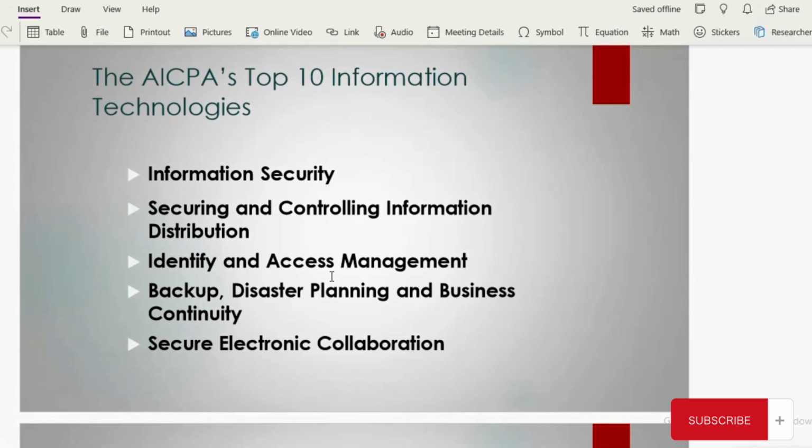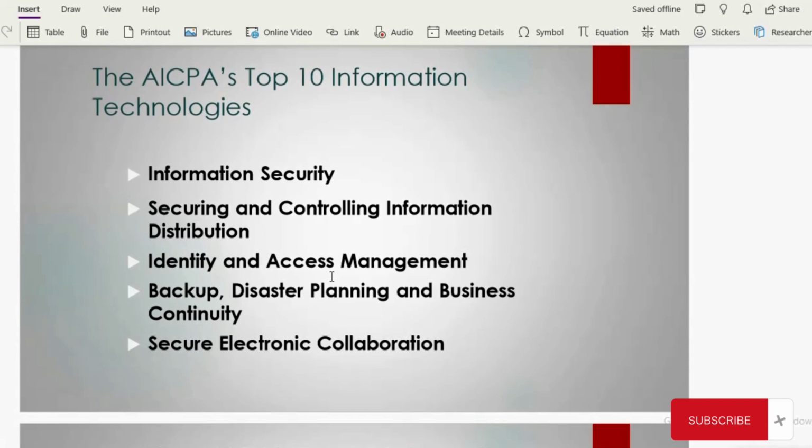AICPA has done 10 information technology innovations, or you can say some 10 new areas in information technology. What is AICPA? This is the American Institute of Certified Public Accountants. CPA is Certified Public Accountant, and AI means American Institute.